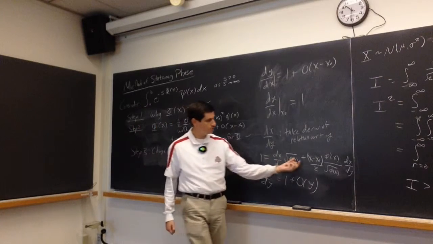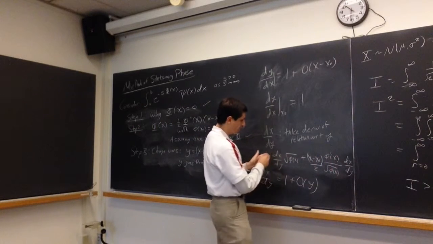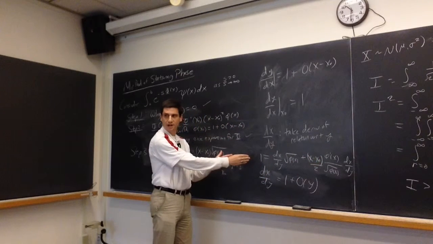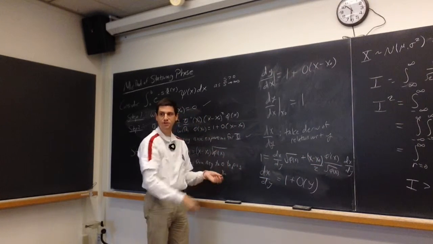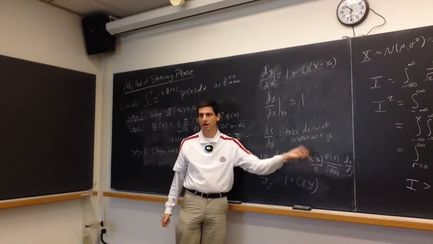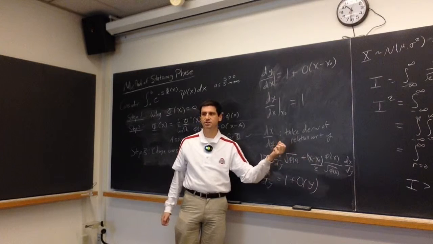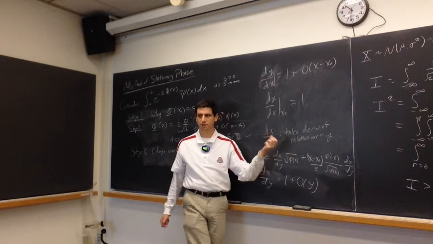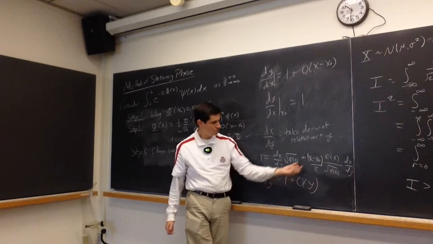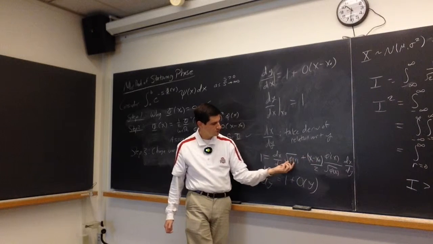So if I want to understand what's going on here, I've got dx/dy equal to 1 plus blah. I can bring the 1 plus blah over to the other side and expand using the geometric series. I have 1 plus blah, I expand, I get 1 minus blah, blah, blah. So what's the square root of phi of x?